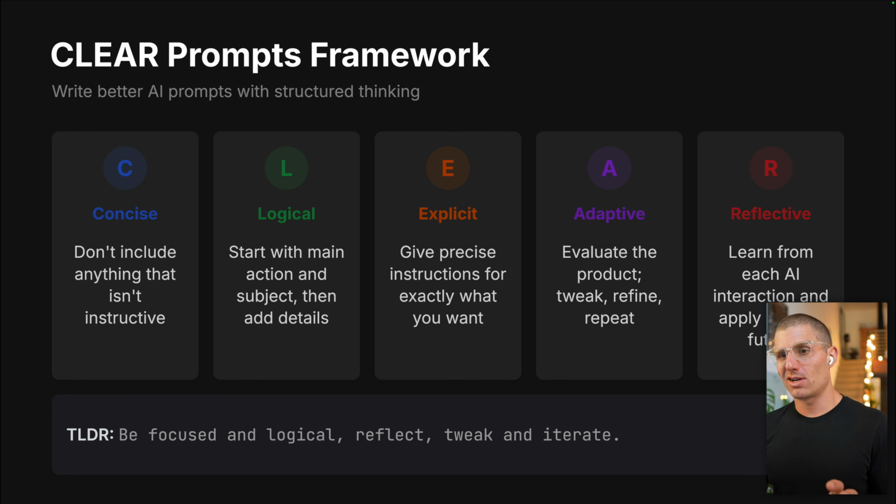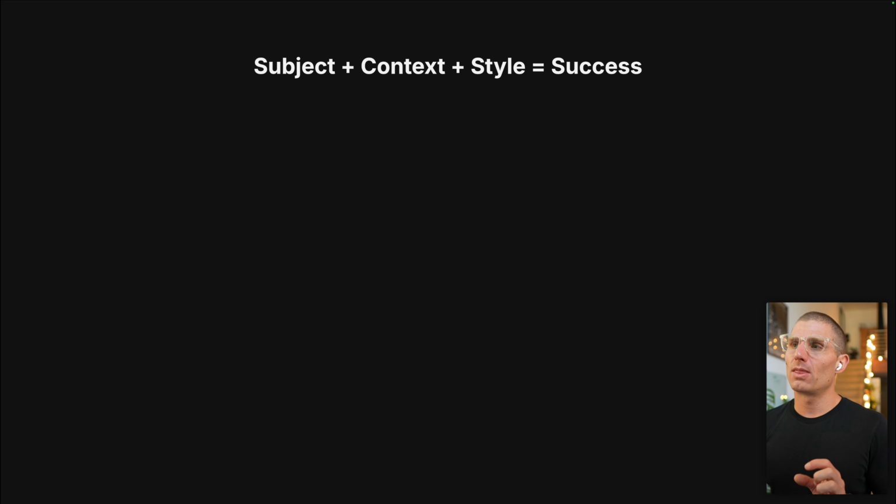So this is a high-level framework for how to think about prompting. But now I'm going to break down exactly how we'll prompt for image generation. The TLDR here is to just be focused and logical, to reflect, tweak, and iterate. But what is our actual framework? Well, we're going to start with this equation. Subject plus context plus style equals success. What do I mean?